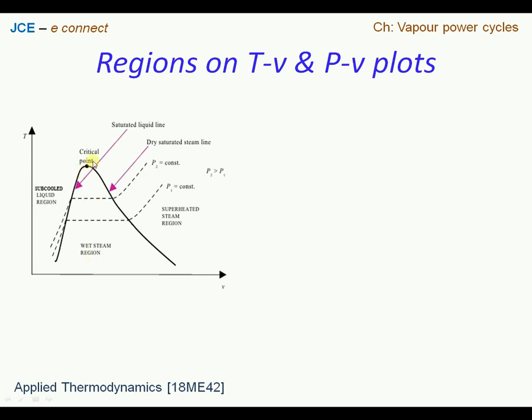Likewise, the corresponding pressure also becomes the critical pressure. So for water, we have seen it is 343 degrees Celsius, and pressure as 22.07 megapascal, and specific volume as 0.003 meter cube per kg.